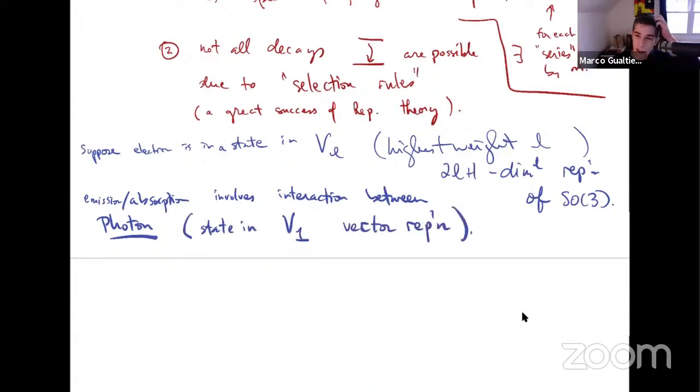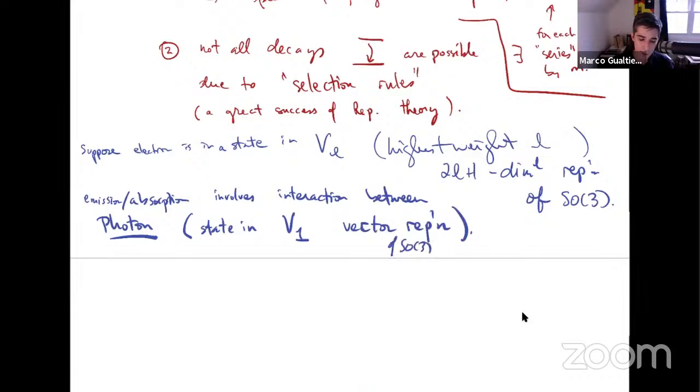So the photon is a spin 1 particle, and it behaves under rotation like a vector. Maybe it's not so surprising since it points in a particular direction in R3, but it has a state in V1, the vector representation of SO3.